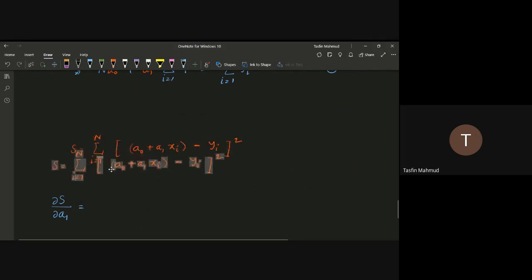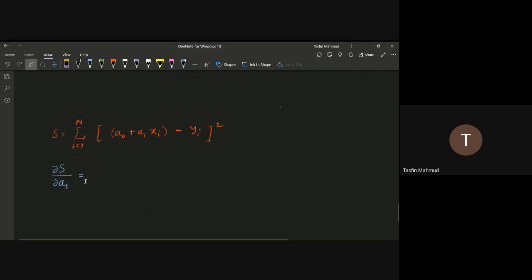So this is s, and now we are taking the derivative with respect to a1. So our variable is a1 now, and similarly, as here is a square, 2 will come in front, and we will get summation i equals 1 to n, and here we get a0 plus a1 xi minus yi.